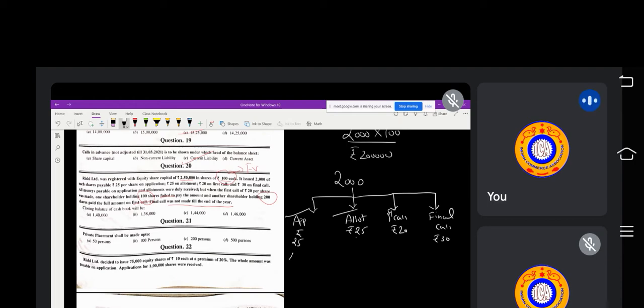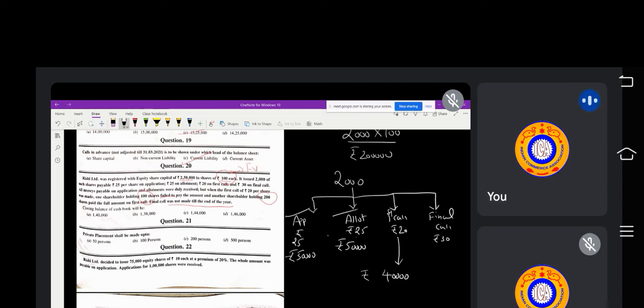So on application the company has received 50,000 rupees. Similarly, in allotment the company has received 50,000 rupees. Now coming to the calls. The amount that the company has to receive is 2,000 shares into 20, that means it has to receive an amount of rupees 40,000.